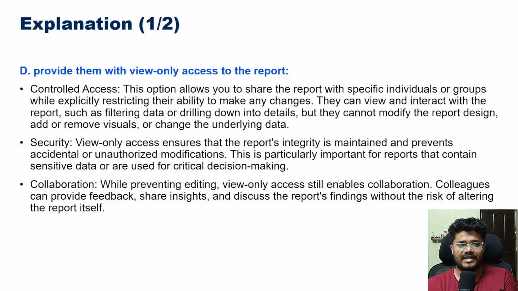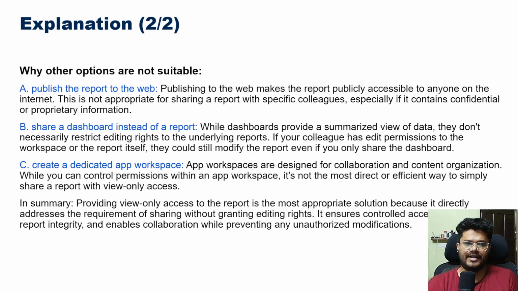In the coming slide, we'll be providing a detailed explanation of why option 4 is the correct one. You can pause this video here and go through these solutions, talking about control access, security, collaboration. In the next slide it also talks about why options A, B, and C are not the correct ones, and in summary what providing view only access to the report means.